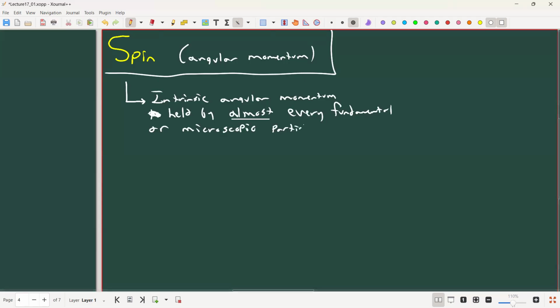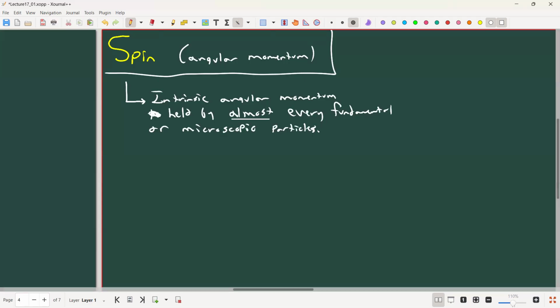What we find is that when we look at particles by themselves, like a proton by itself, or an electron by itself, or a neutron, or a boson, or the photon, or any particle, they all, or most of them, have that intrinsic angular momentum. They're all spinning on their own axis, or at least they have some behavior that looks like it.